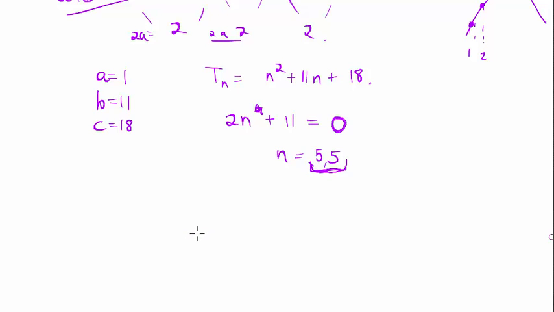So let's try substituting in a 5 here and see if we get the same answer as at 6. T5 is 25 plus 25 plus 55 is 70 plus 18.